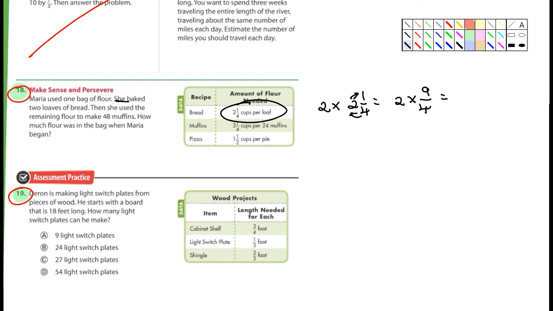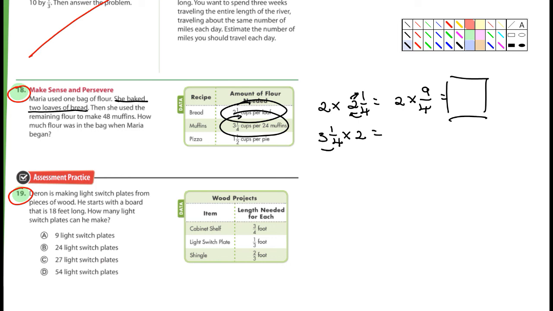So we did that. She baked 2 loaves of bread. So we're on our way to figuring out how much flour she used. Then she used the remaining flour to make 48 muffins. Okay, so muffins. So 3 1/4 cups for 24 muffins. So she did twice that. So that was 48. So 3 1/4 times 2 also.